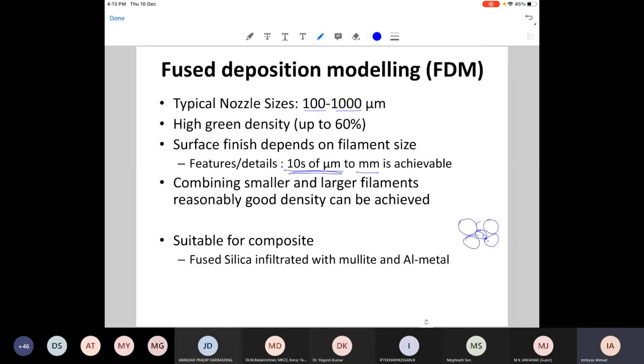Like if I deposit a thinner one here, then before depositing the next layer, I can make it a little bit denser. Generally, people say these are suitable for infiltrated mullites, or you can also do aluminum metal infiltration in alumina or maybe silica. By doing that, you can fill up these gaps, and that increases the fracture toughness and the strength at the same time. But you can only do it if it does not affect the functionality of your product.